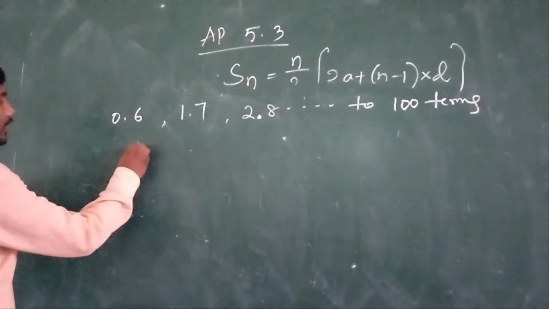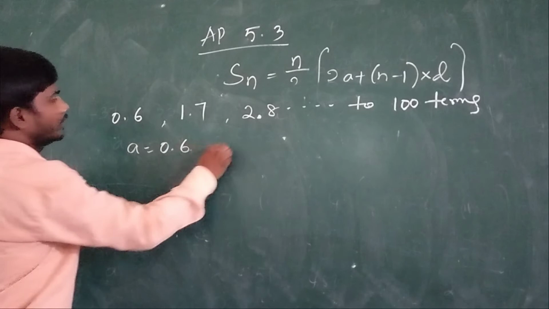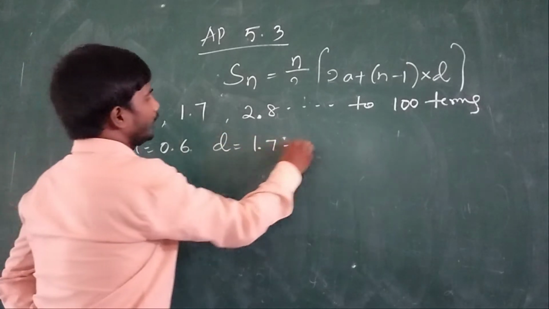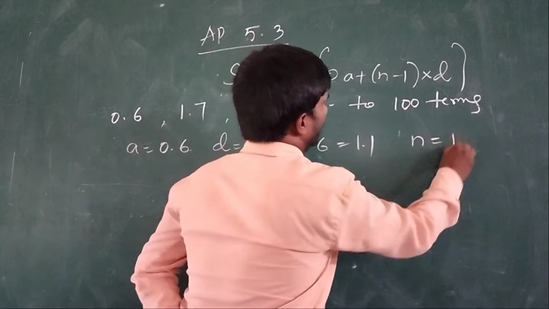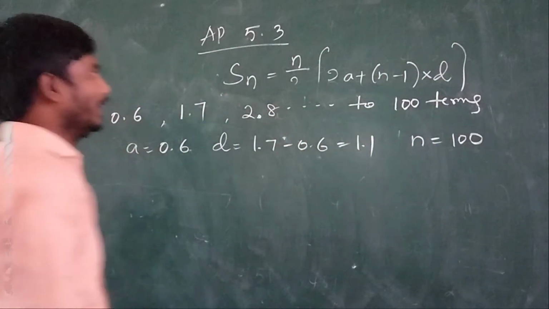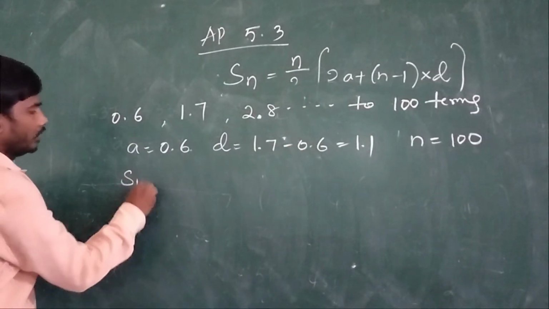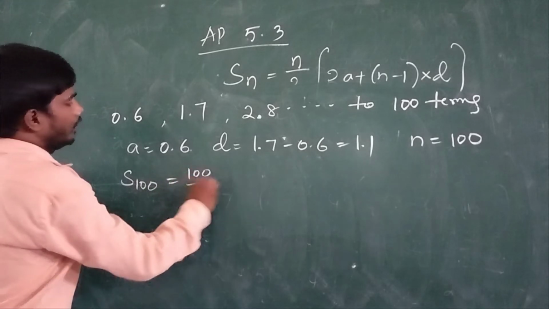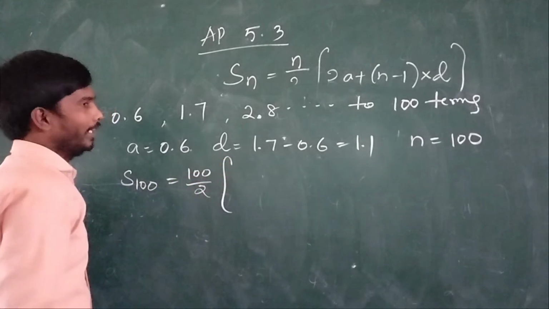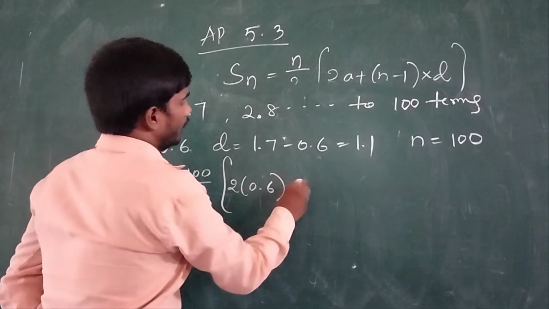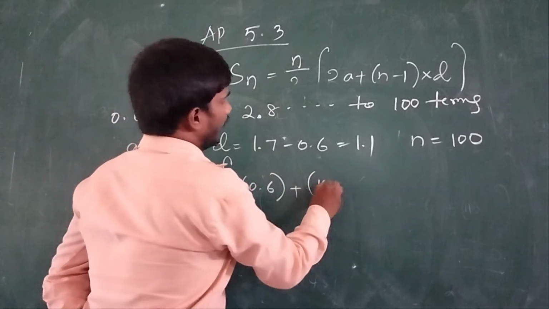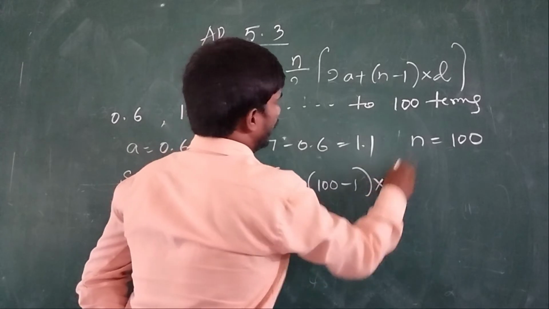Same here, a is equal to 0.6, d is equal to 1.7 minus 0.6, which is 1.1. The number of terms n is equal to 100. Sn is S100, equal to 100 by 2 into 2a, 2 into 0.6, plus n minus 1, 100 minus 1, into d, value 1.1.